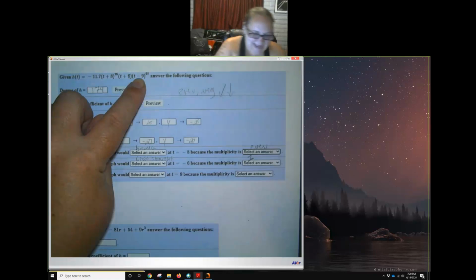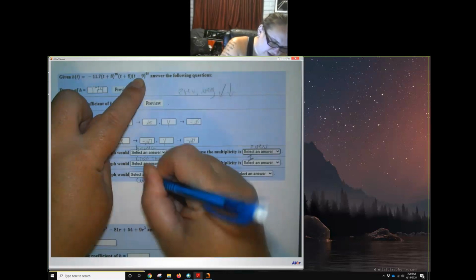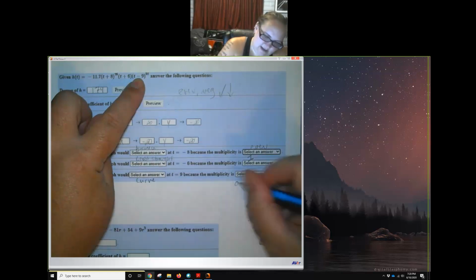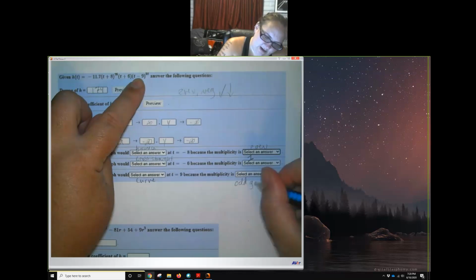And at 9, it would curve because the multiplicity is, I want to get you the exact right wording. Here we go. Yeah, odd greater than 1.